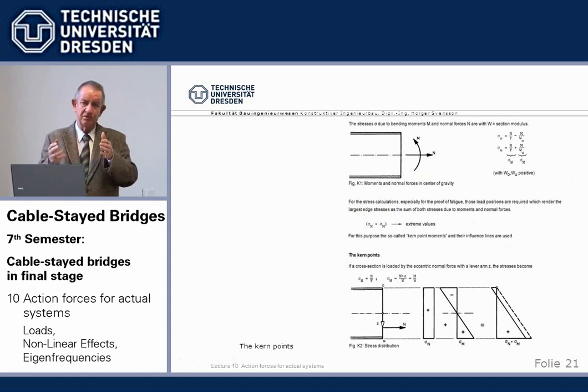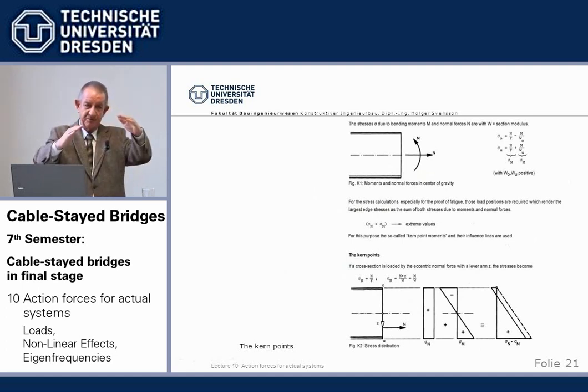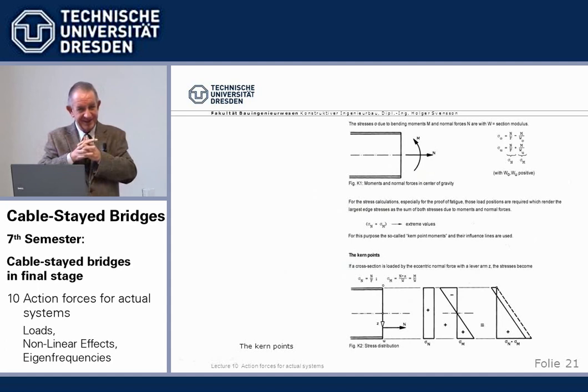It's typical for an arch. If I load the beam of an arch, I get compression, of course, in the arch itself, and I get bending. And then, when I get both, it's not clear what is the correct load position.